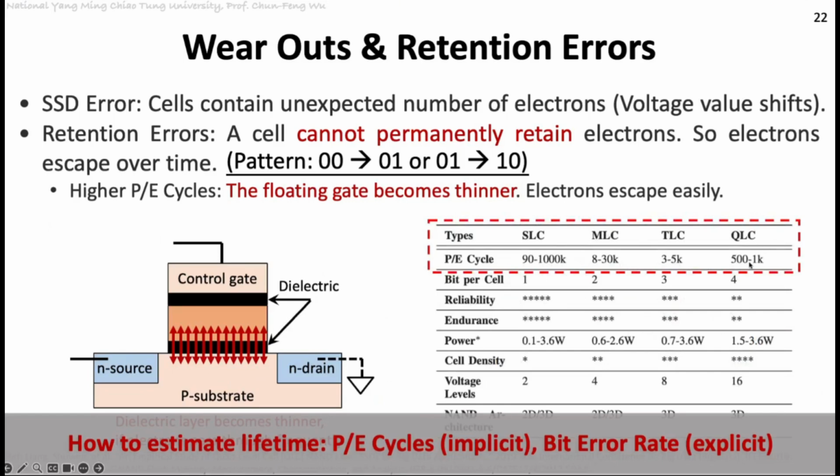But for QLC, in some cases, it can only endure 500 to 1K. So it is quite poor. But the capacity of QLC is super large, because you can store more bits in each cell. Okay, and yep, that's it.